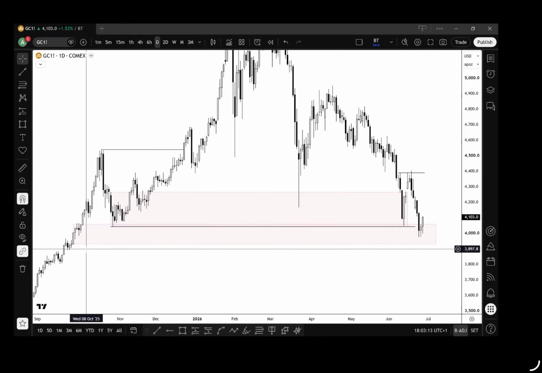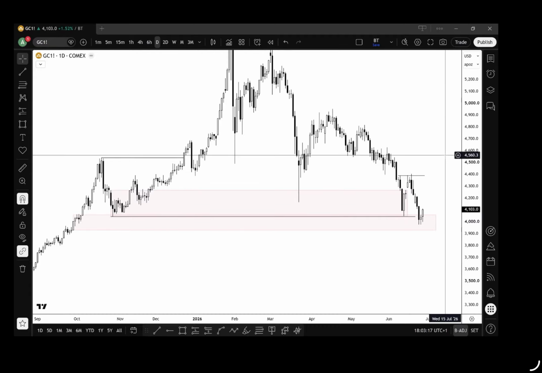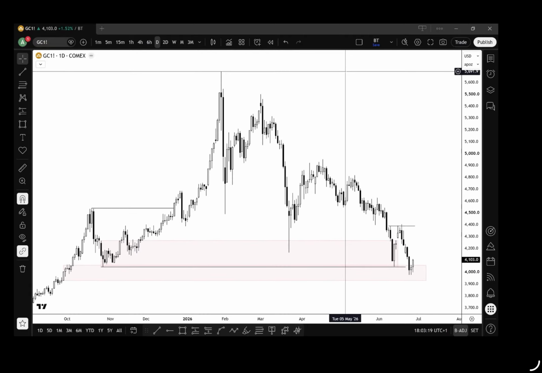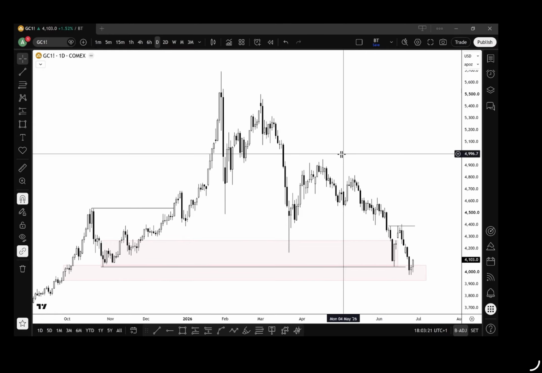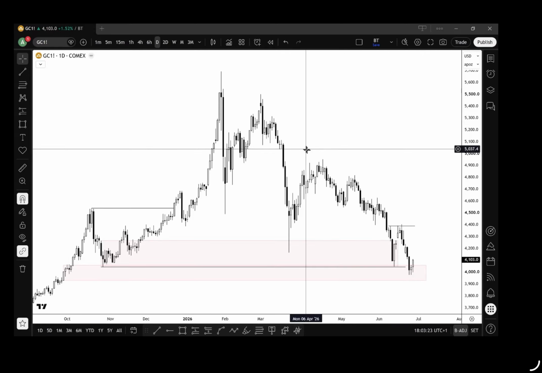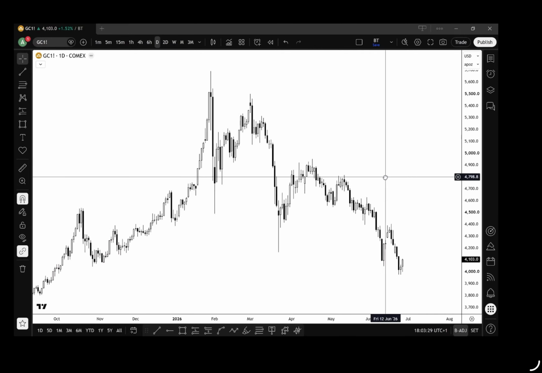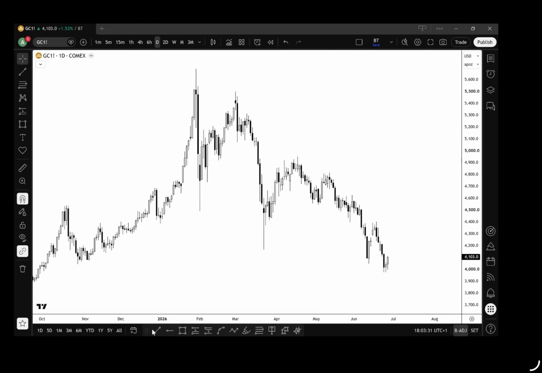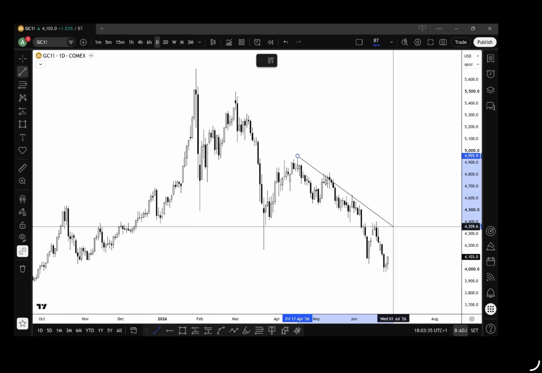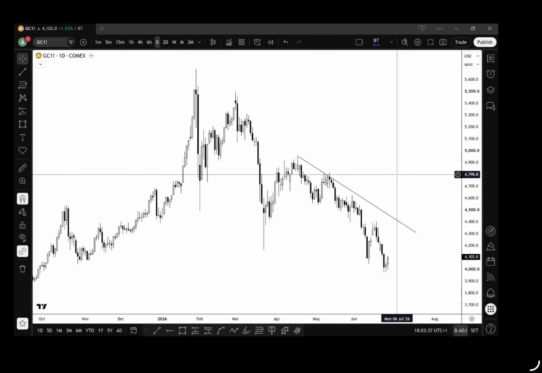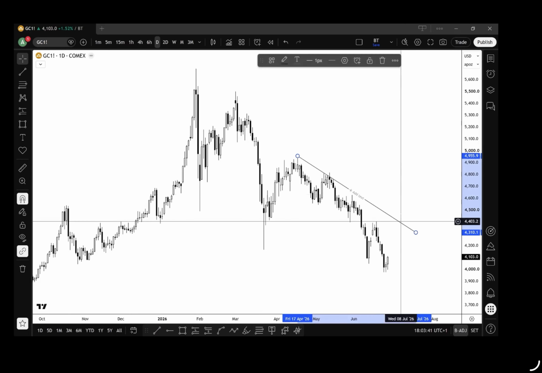Until I see more lows go, I'm not convinced that we reach all-time highs again, or any sort of liquidity that's left above. If I clear my charts, there's significant liquidity left at the highs, and you can see that forming. So all of these highs have liquidity above.